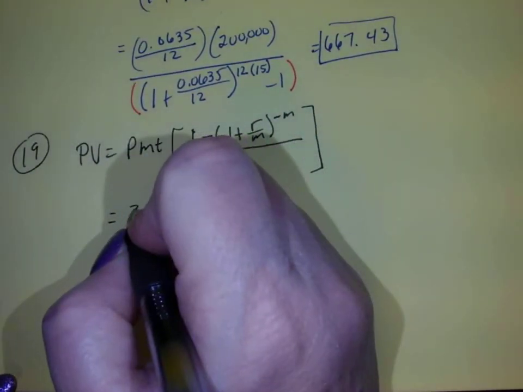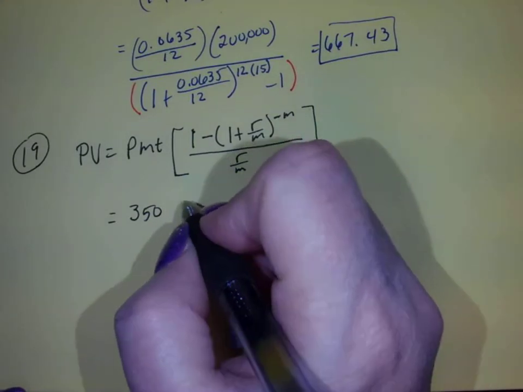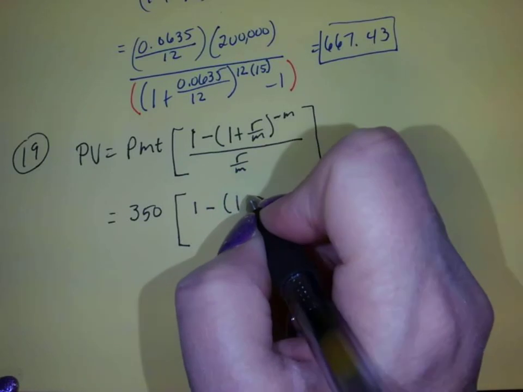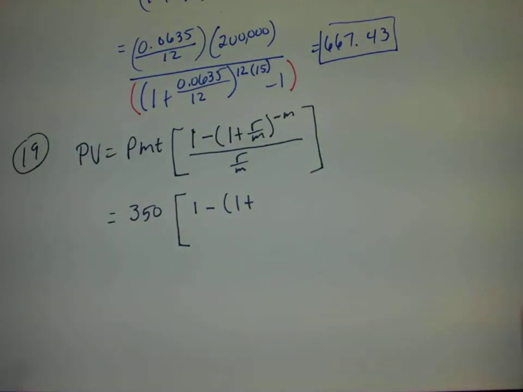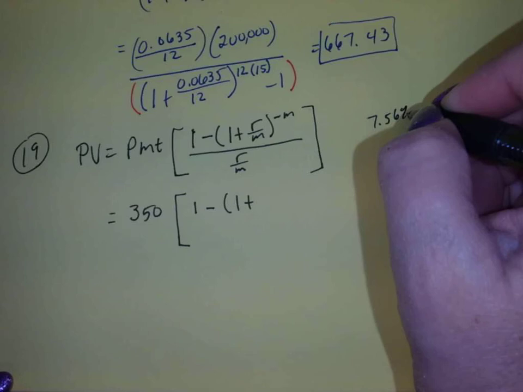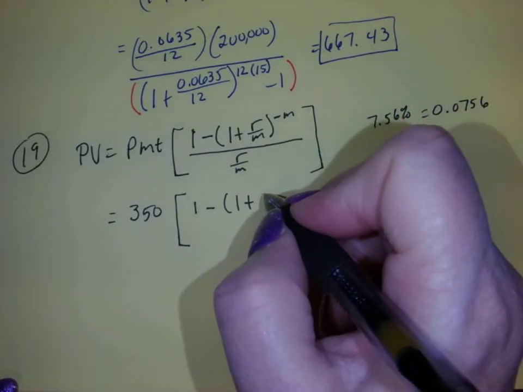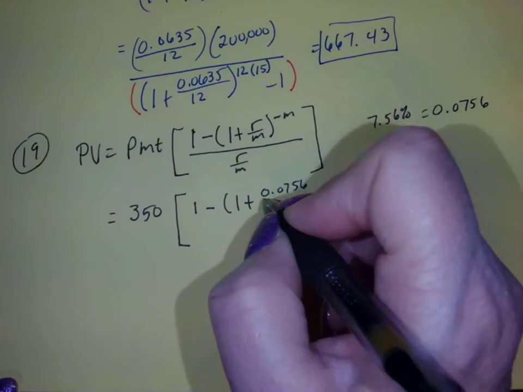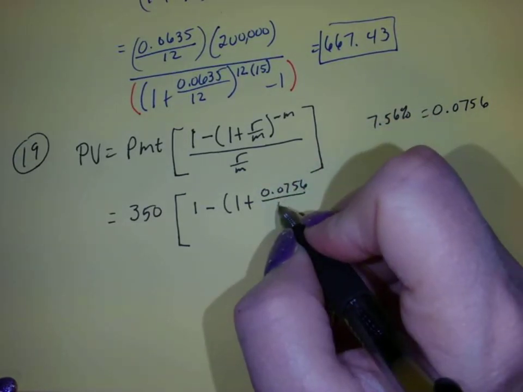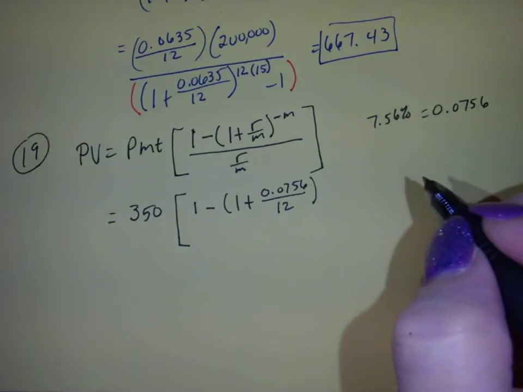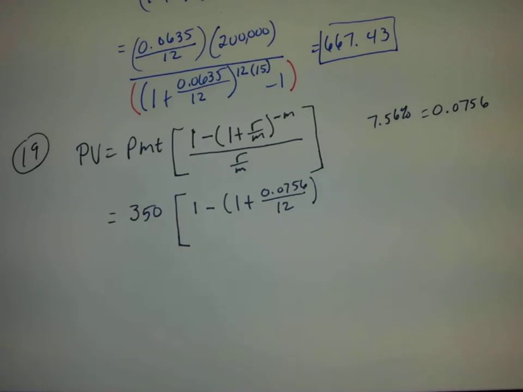All right, so our payment is $350, getting multiplied by 1 minus 1 plus, the rate was 7.56%, so that'll get a 0.0756. And it's being compounded monthly and then raised to the negative of how long that's happening.